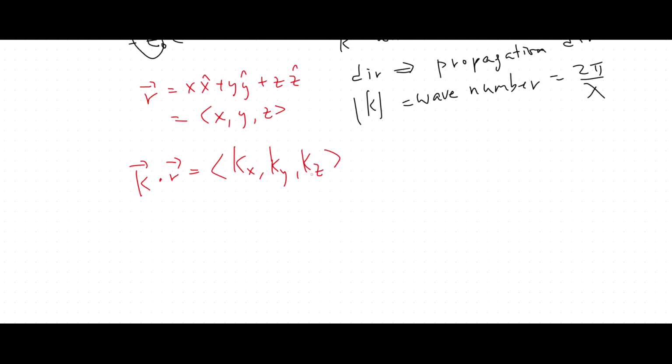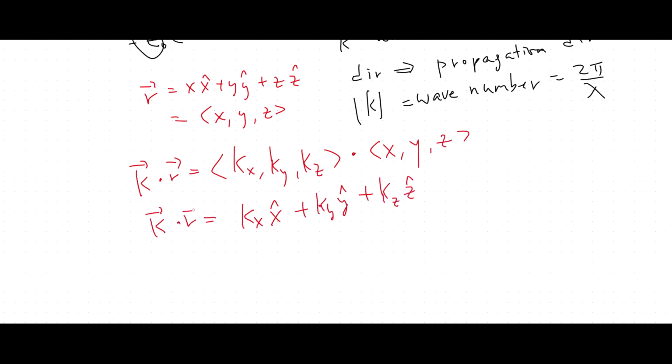And then I have the R vector, the position vector, which is x x hat, y y hat, z z hat, right? So when I take the dot product, what do I have? Kx x plus Ky y plus Kz z. That is my K dot R.